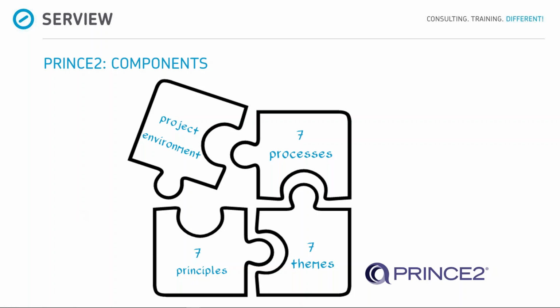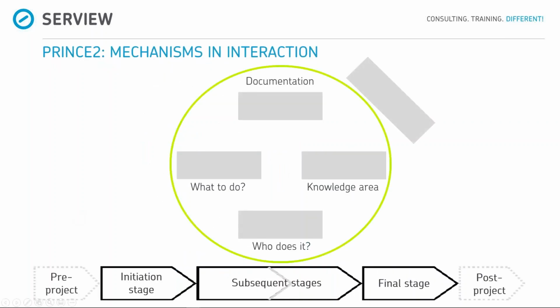So if we have a look at the mechanisms in there, we will be talking in Prince about what do I do before a project starts, so pre-project. What do I do in the first stage or the initiation stage when I set up all of the planning, all of the reporting, and all of the approaches? And what do I do when I'm actually building?